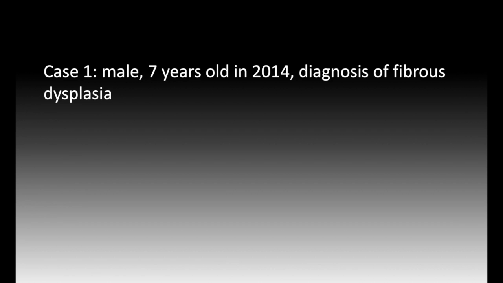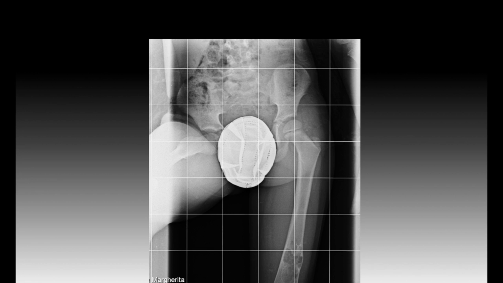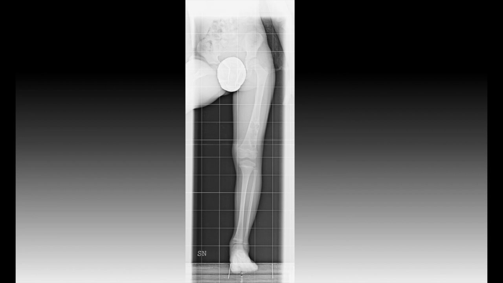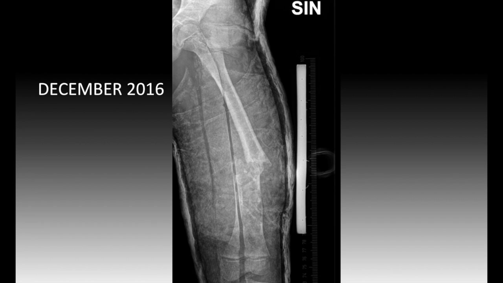I would like to show two quick cases. This is a little boy, 7 years old. Three years ago, he was diagnosed with fibrous dysplasia. Unfortunately, the parents forgot to perform a follow-up, and so after two years, the little boy came with this pathological fracture.